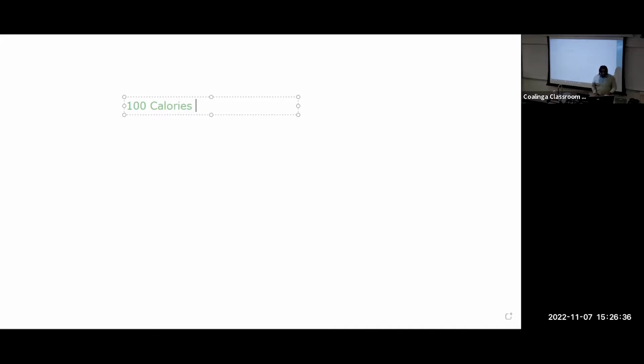Okay, so my bag of Cheez-Its here is 100 calories. I want you guys to determine how many joules we have, and then also how many small c calories. So where am I going to start? Okay, we have 100 calories.